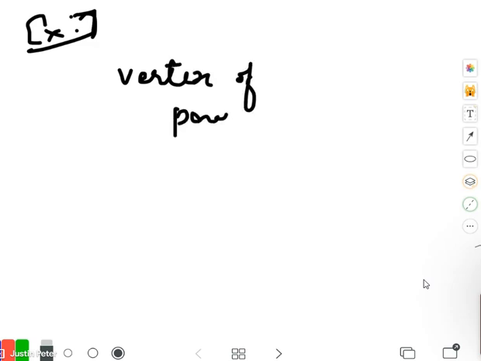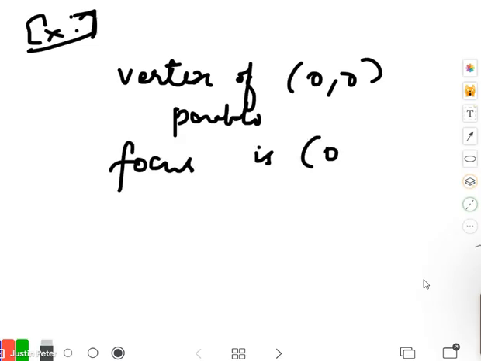Shall we go for the next one? The next one is to find the equation of the parabola. The vertex of the parabola is 0 comma 0. Focus is 0 comma 2, which means the parabola is like this.